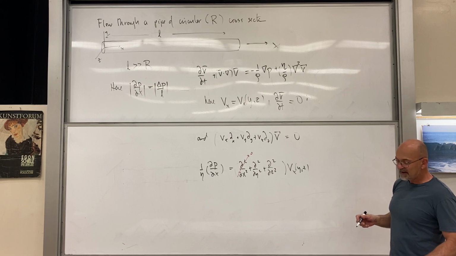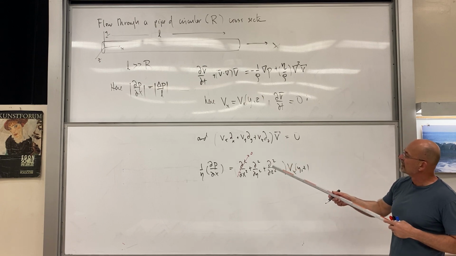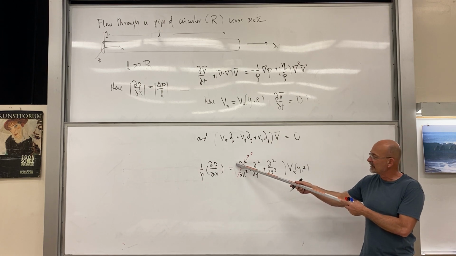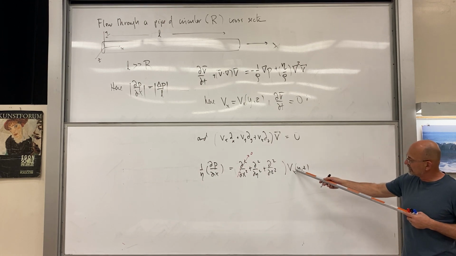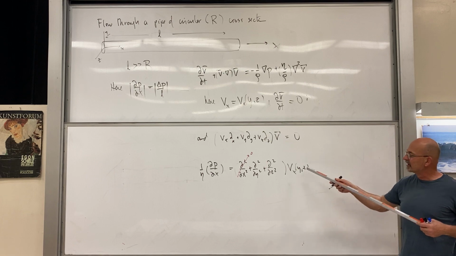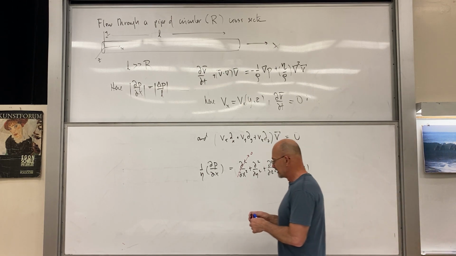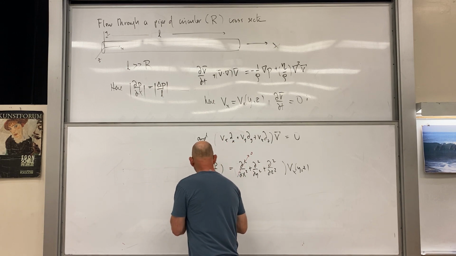And now we're going to have something interesting. We have something that can only depend on x on the left side and something that depends on y and z on the right side. So both sides are equal to a constant. Okay. So both sides are constant.